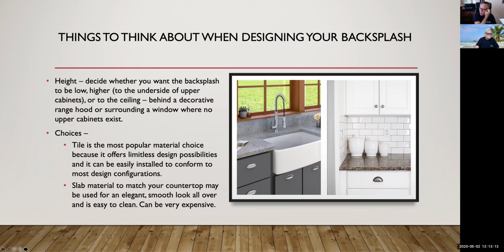Might be nice to point out here that farmhouse sinks have grown in popularity, and they're available in enameled cast iron, stainless steel. Kohler makes a beautiful stainless steel farmhouse sink, fire clay, and these high arc commercial style faucets are really popular.